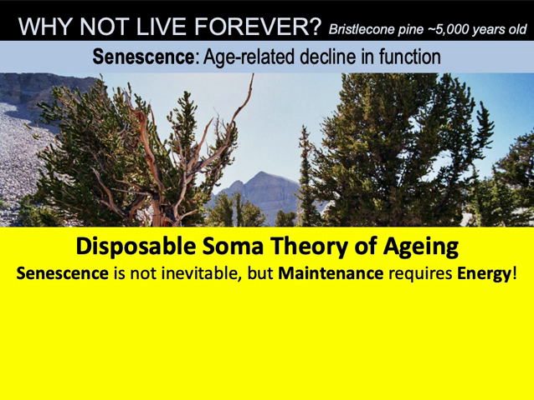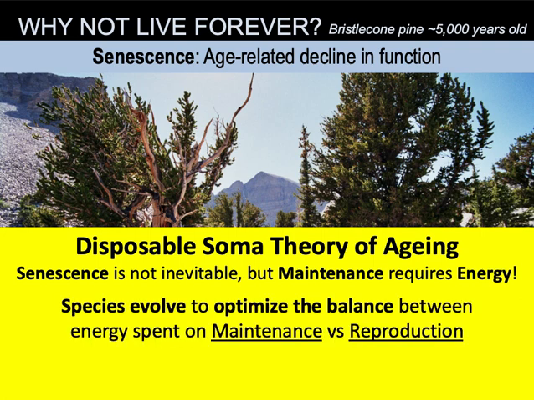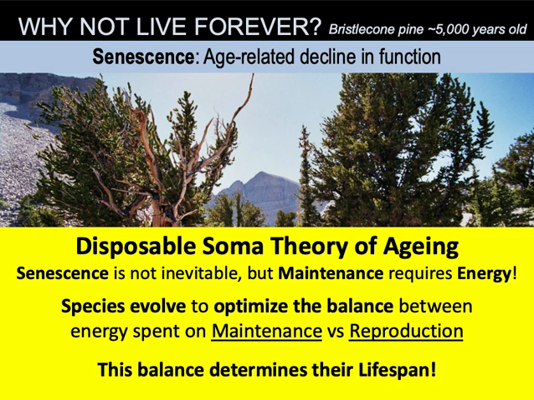And the idea here is that species evolve to balance out the energy spent on maintenance and reproduction. And so this balance effectively determines lifespan. And so, again, it's not that like senescence or deterioration with age is an inevitability of life, but maintaining is just too energetically costly.